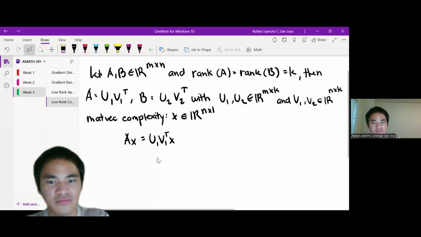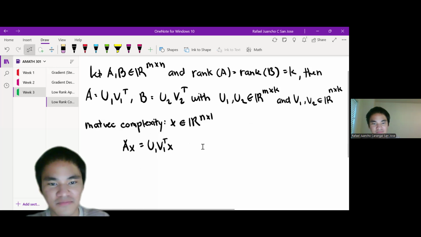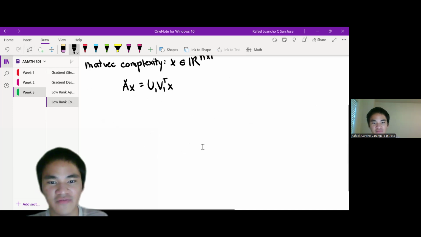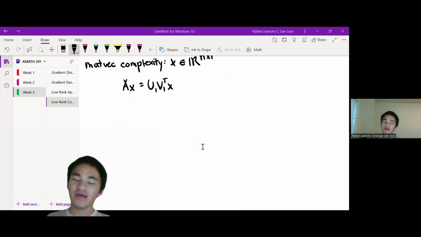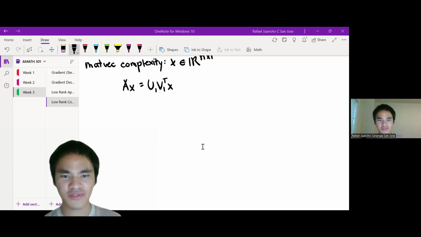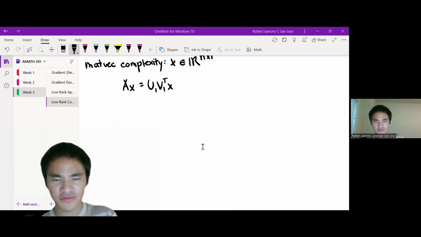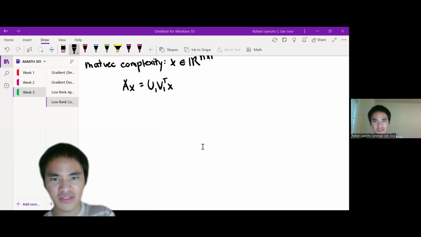So yeah, we just switched A for my decomposition. Here we're going to analyze a matrix vector complexity if we were to use a decomposition. Well, this is going to be what complexity? It's k times 2n minus 1.